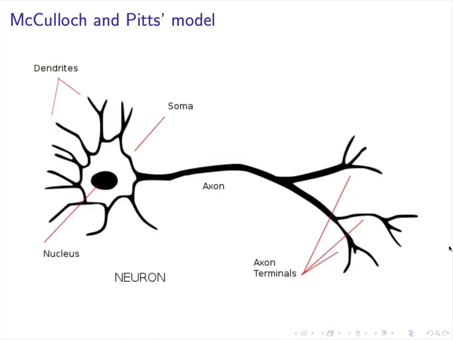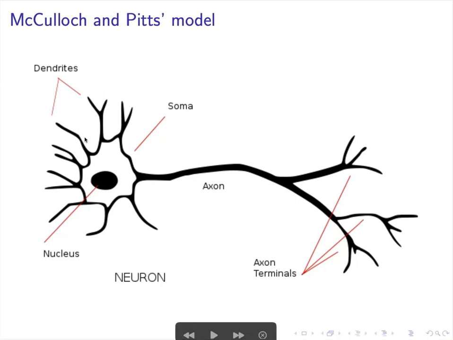So the idea of McCulloch and Pitts was to take inspiration from neurons, which, well, I guess you all know more or less how they work. I don't want to say anything wrong here, given that we have people who are more informed than me.